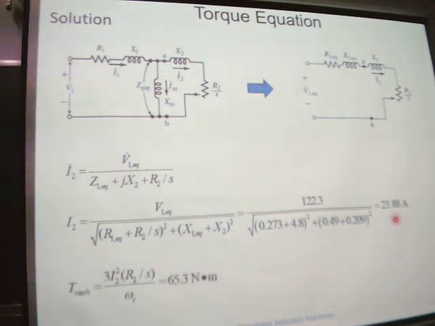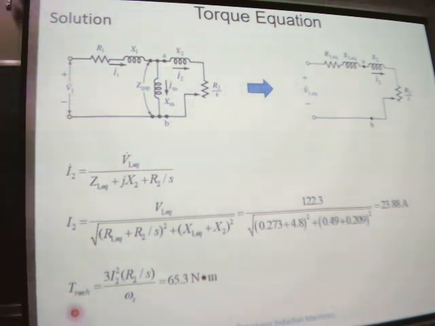And also we can calculate the electromagnetic torque, just using the rotor current and the ratio of R2 over S. Using this equation, we can calculate the torque.